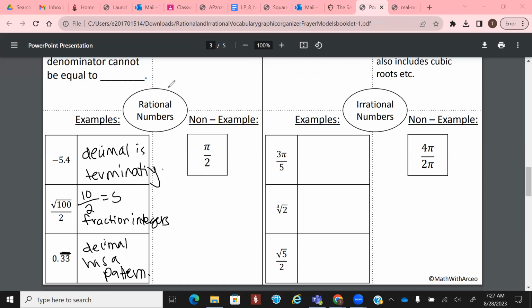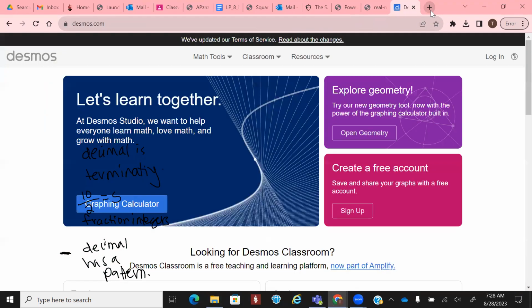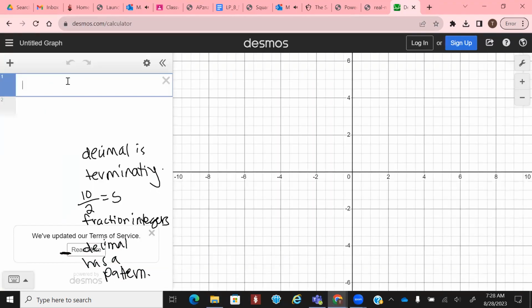Okay, a non-example of a rational number is pi divided by 2. So if I go into Desmos and I type pi divided by 2, notice how this is not a repeating number. There's not a pattern there, and it's not terminating. It goes on forever, right? So this number continues on.